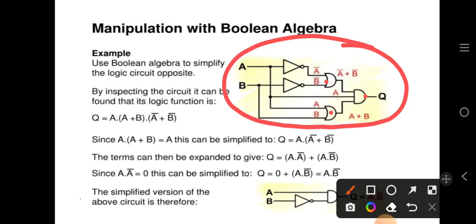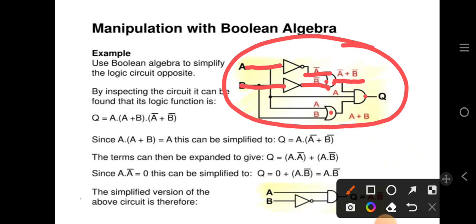First consider this OR gate and take the inputs. The first input is coming from A, but it is inverted, so here you get A bar, and the second input is from B, which again has a NOT gate, so this is B bar. Both inputs are given to the OR gate, so the output of the OR gate becomes A bar plus B bar.